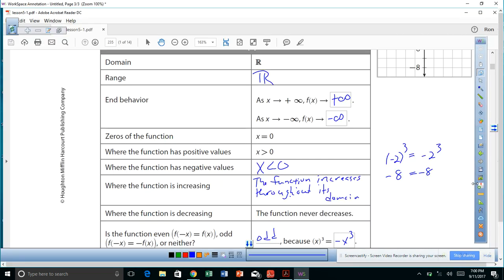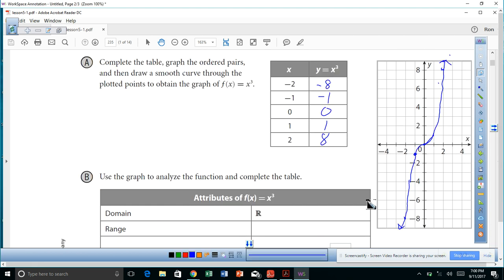What happens on the interval -1 to 0? That's right there. And then from 0 to 1, that's right there.